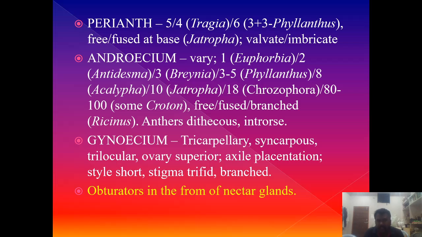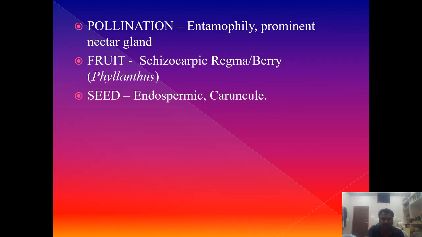The style is very short and the stigma is generally lobed, trifid or branched. There are special structures called obturators. They are present in the form of nectar glands. This is a special character of the family Euphorbiaceae.